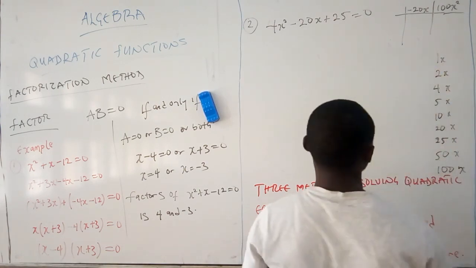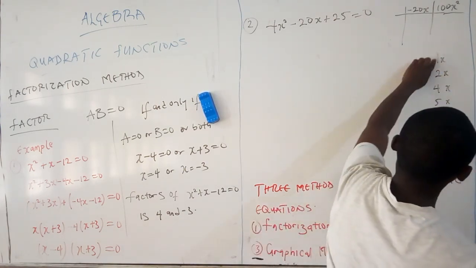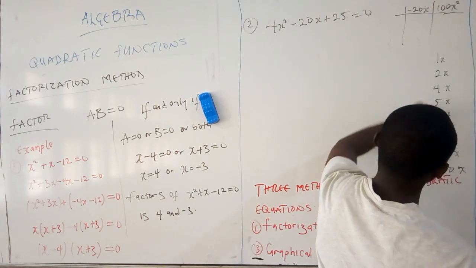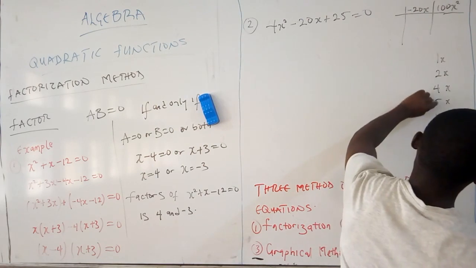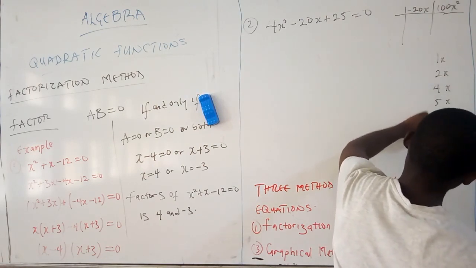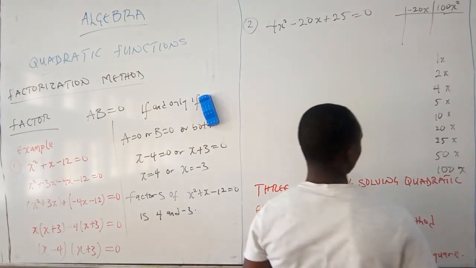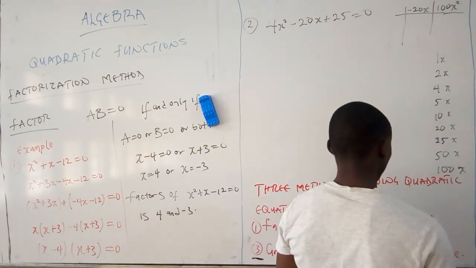So these are the factors of 100. If you take 1 times 100 is 100, 2 times 50 is 100, 4 times 25 is 100, 5 times 20 is 100, 10 times itself is 100.